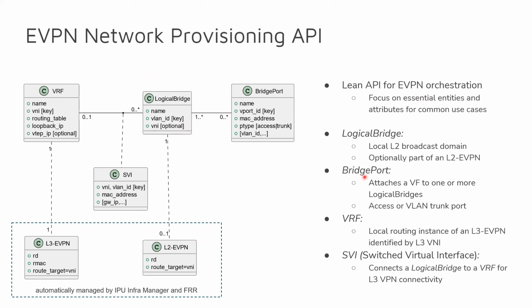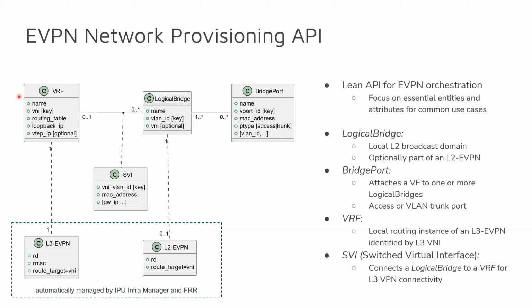Then the virtual functions are attached to the logical bridges through the bridge port entity, and the bridge port connects virtual functions to one or more logical bridges. If it's an access bridge port, then it connects to a single logical bridge, untagged traffic. If it's a trunk bridge port, then it connects to possibly many bridges, and then the client has to handle the VLAN tags inside the pod.